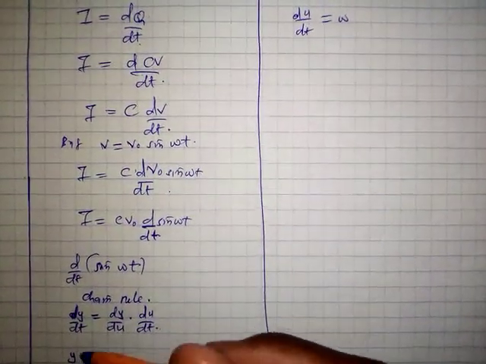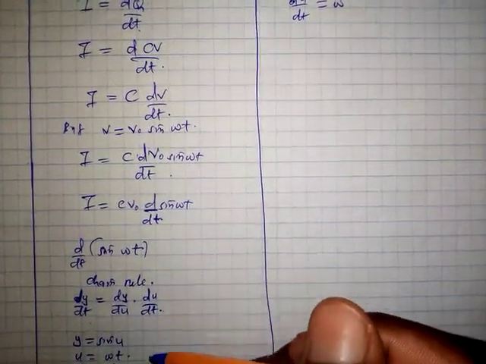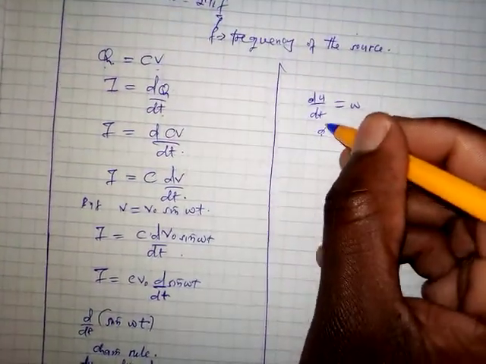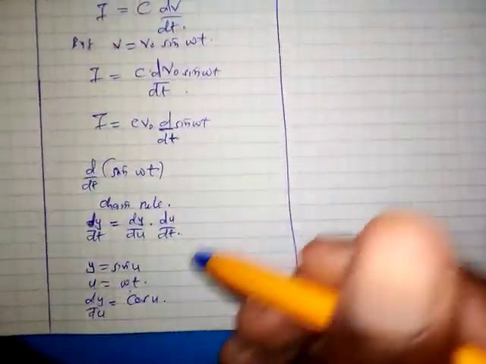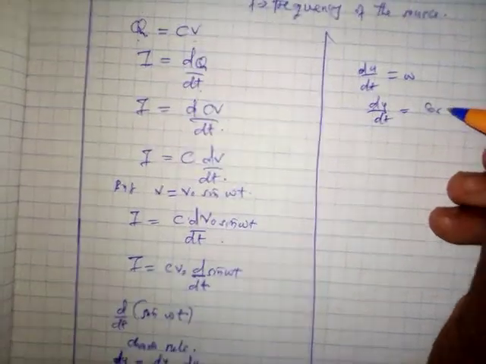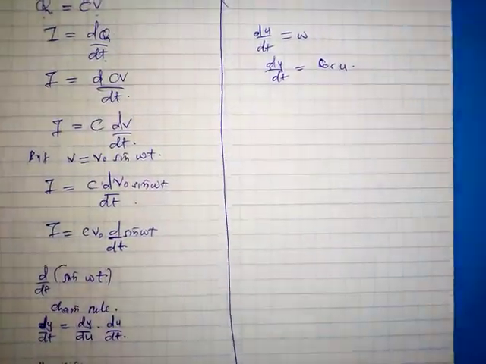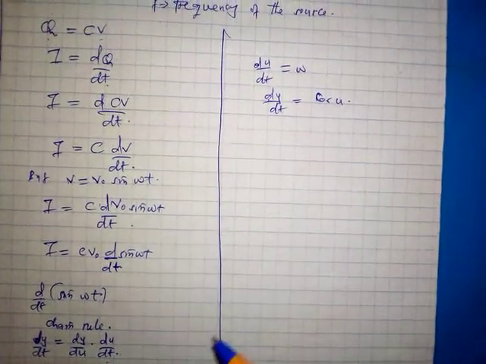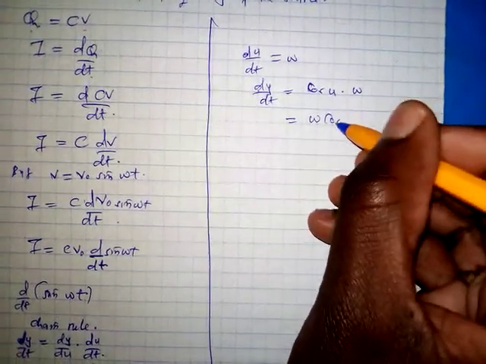So remember our chain rule, dy dt is equal to dy du dot du dt. So our dy dt is equal to cos u dot omega, so that we get omega cos u.